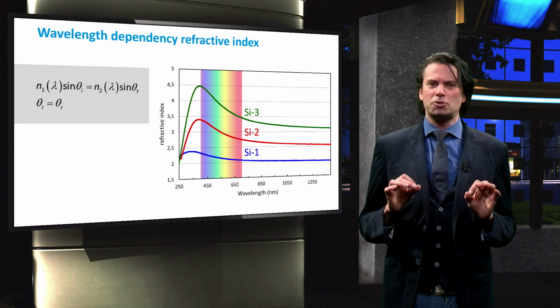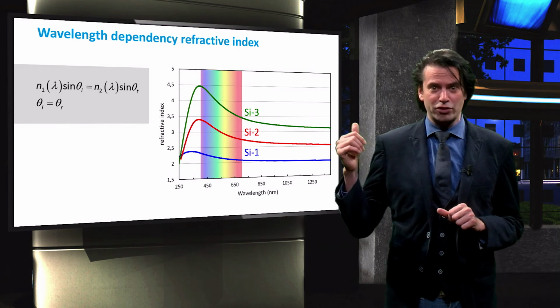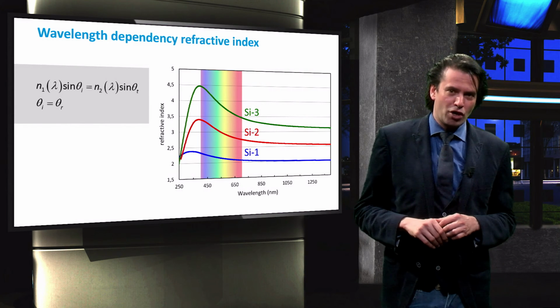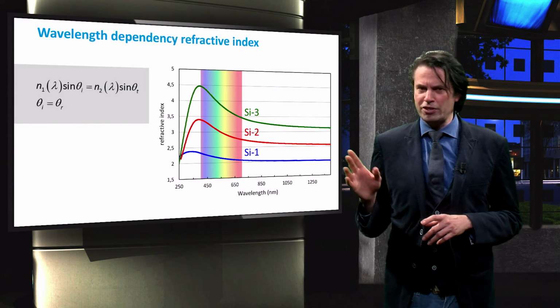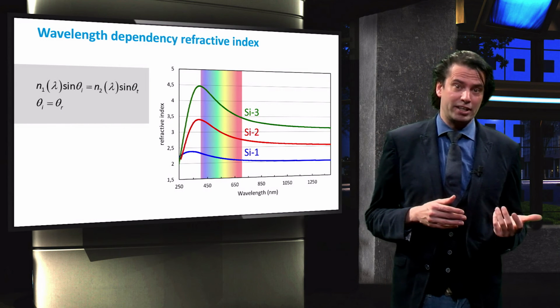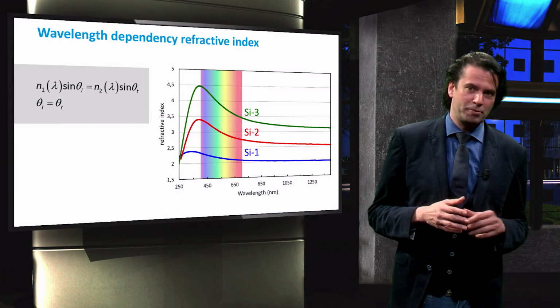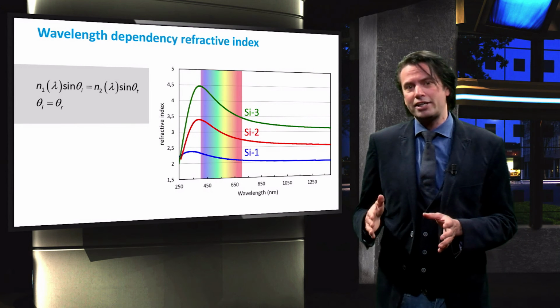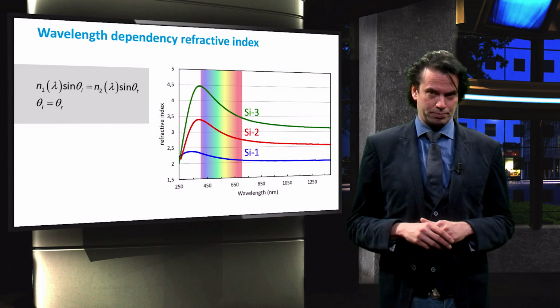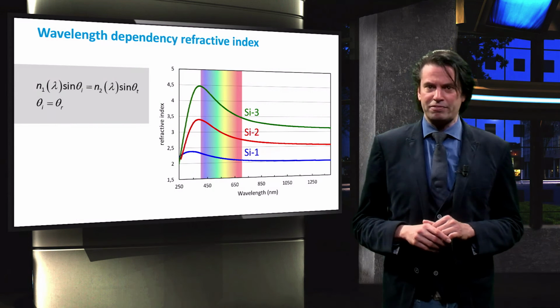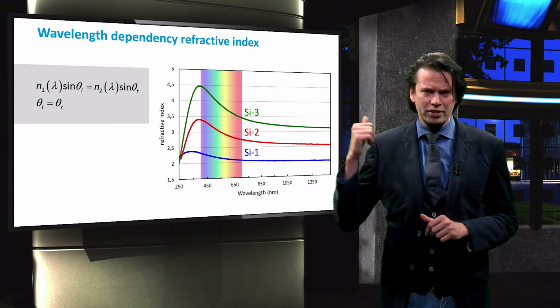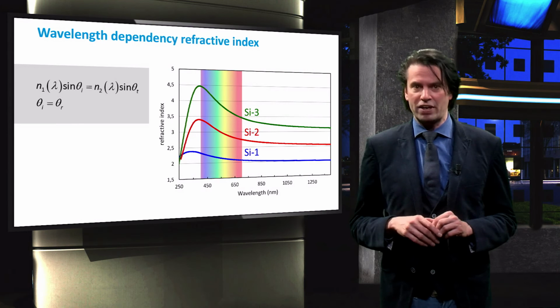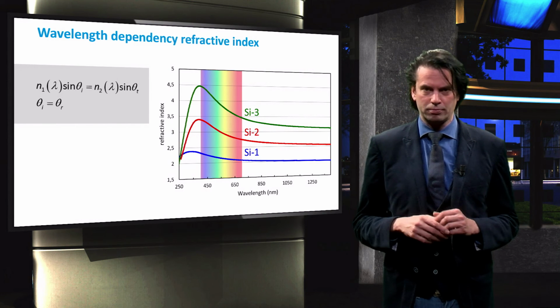This graph shows the refractive index of several silicon alloys as a function of the wavelength. The visible spectrum ranges from violet light with a wavelength of 400 nanometers to red light around 700 nanometers. We can see that the refractive index of the silicon alloy 1 only shows a small wavelength dependence in the visible region.